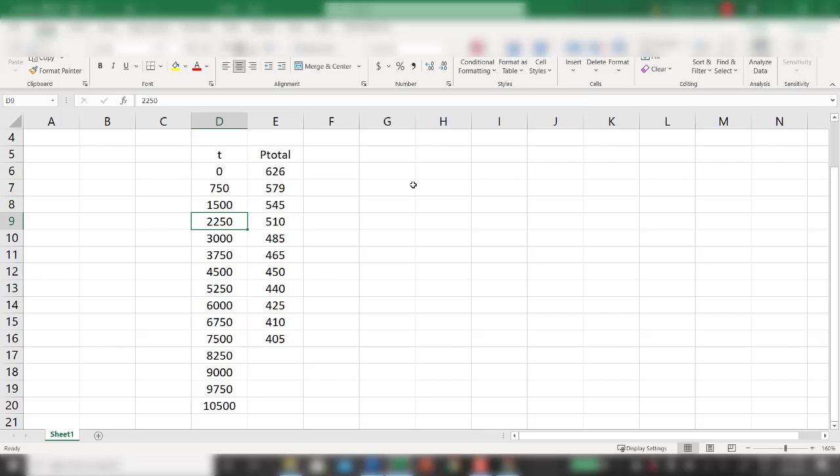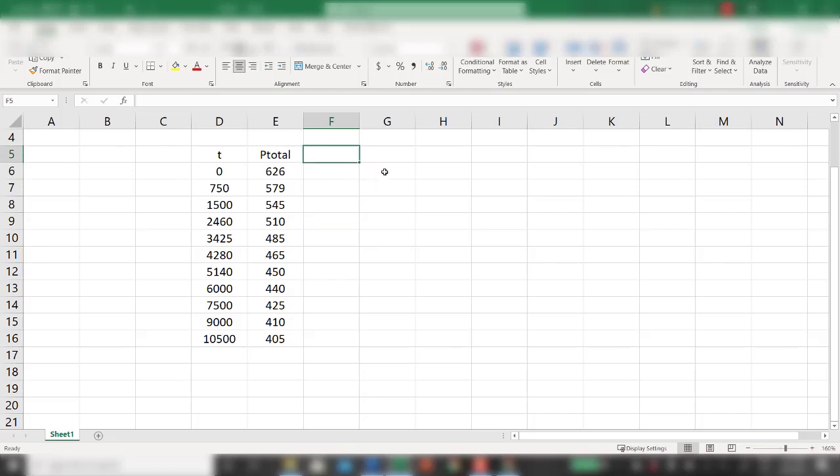It's 1005, and then 2460, 3425, 4280, 5140, 6000, and then 7,500, 9,000. So there were too many values earlier. Okay, and so that's the P total.